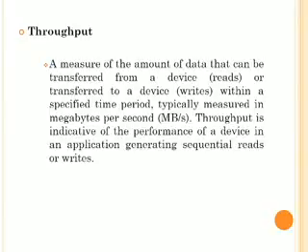Throughput also is a measure of the amount of data that can be transferred from a device or to a device within a specific time period, typically measured in megabytes per second or Mbps. Throughput is indicative of the performance of a device in an application generating sequential reads or writes.